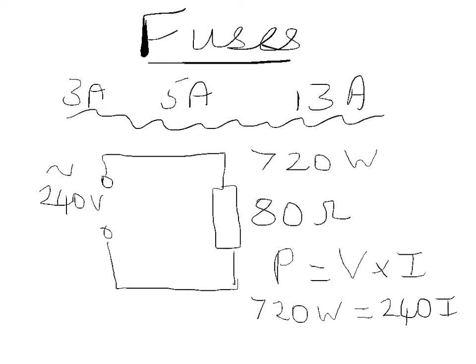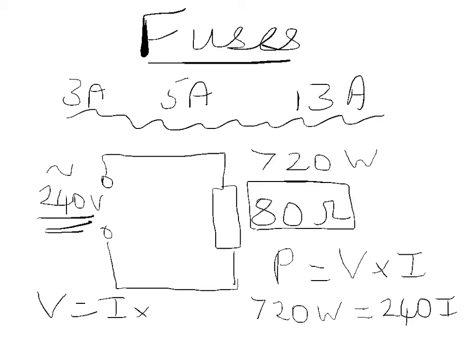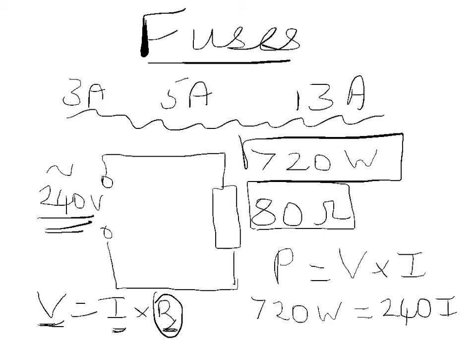And the only way you can get 3 amps in a circuit like this is to connect 80 ohms across a 240 volt supply using V equals I times R. 240 equals 3 times 80. It's the 80 ohms that has to be connected across 240 volts if you want to develop a power of 720 watts.